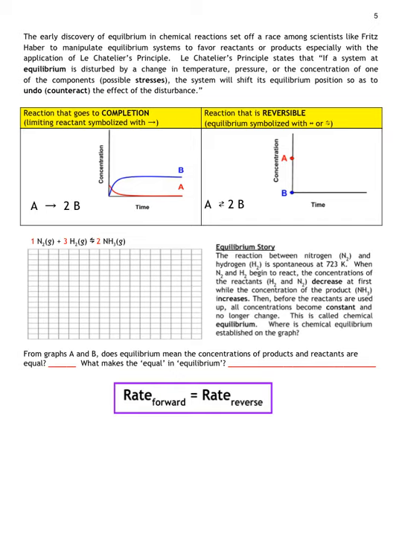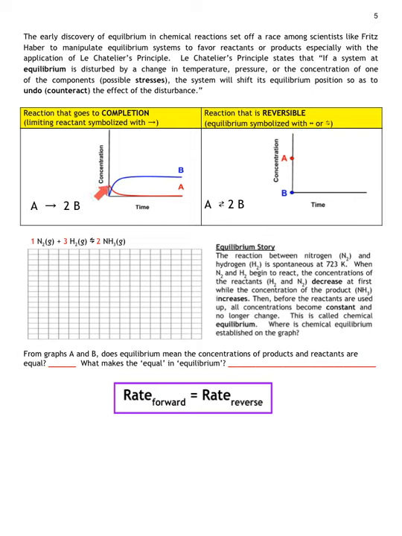So let's compare what we're familiar with, which is a reaction that goes to completion, where you're dealing with a limiting reactant, and oftentimes you're going to see a one-directional arrow. In a reaction that goes to completion, you're going to see A react to form 2B, but the formation of 2B stops when A runs out.